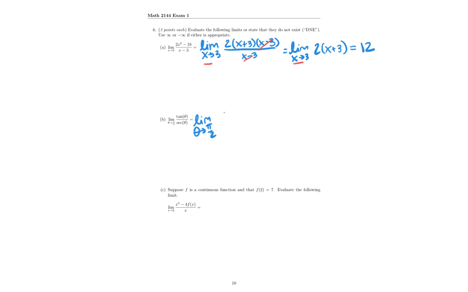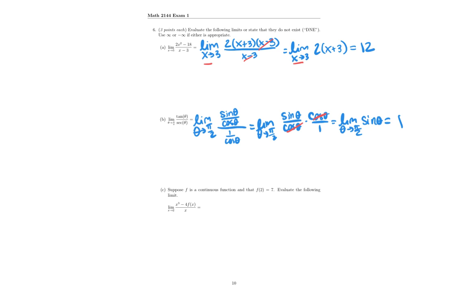I can write tangent as sine theta over cosine theta, and secant as 1 over cosine theta, which I can manipulate to be sine over cosine times, if I multiply by the reciprocal, cosine over cosine, and then the cosine over cosine can go away, and this just becomes the limit as theta goes to pi over 2 of sine theta, which is equal to 1.